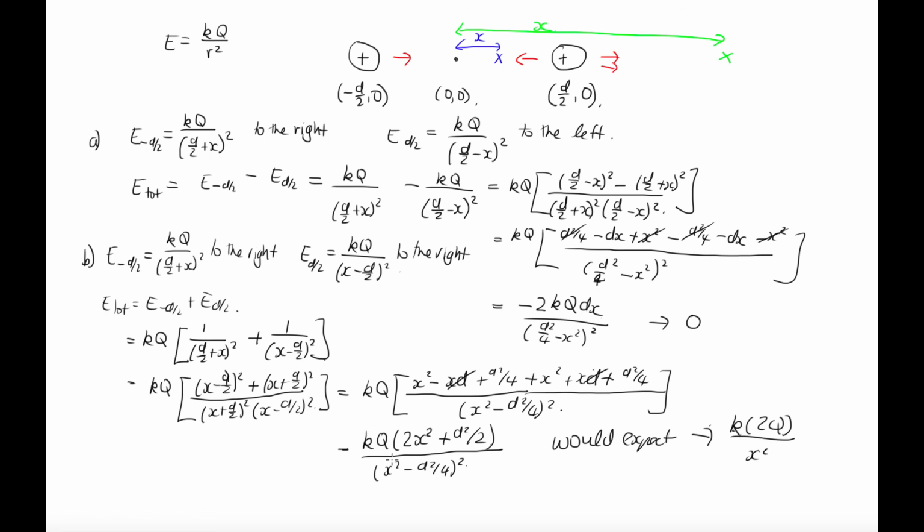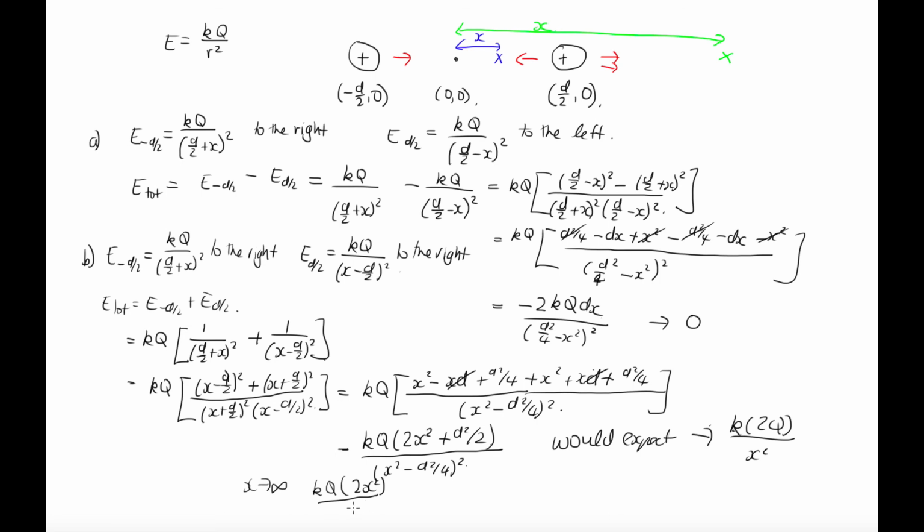Let's check if that's what happens mathematically. So we're now going to take the limit as x goes to infinity. Now as x goes to infinity, the d squared on 4 is negligible. So we've got kq still. The d squared on 2 is also negligible compared to the 2x squared. So we've got 2x squared is what's in this bracket.